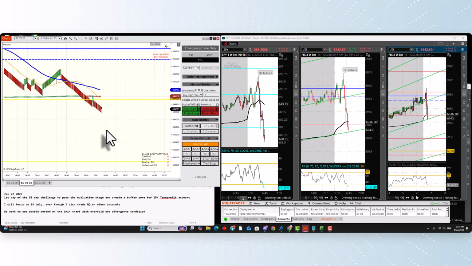Look how it touched the angle, and it reversed automatically. It could still break that angle and go further down. Again, I've decided not to trade until the news is gone, so it's okay if I miss these opportunities.